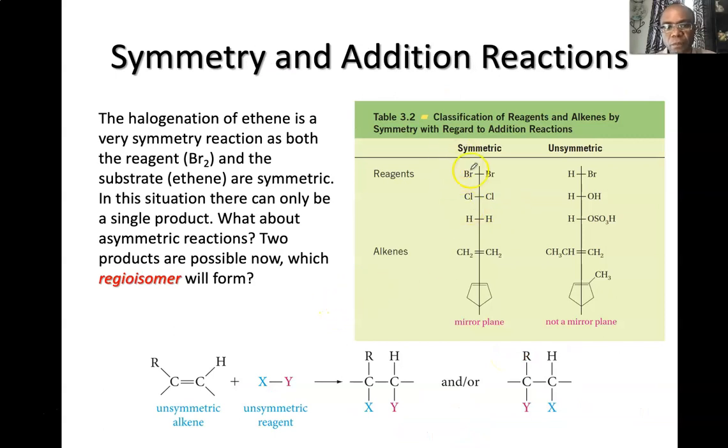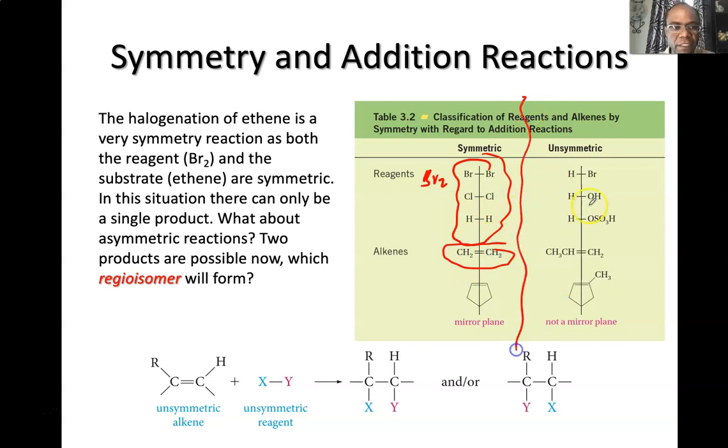That is probably the case whenever the reagent is symmetrical, like we just discussed for Br2, and the alkene is also symmetrical. So now what if the reagent is unsymmetrical and the alkene is unsymmetrical? There's no internal plane of symmetry.